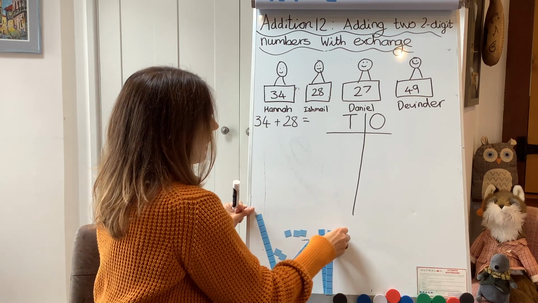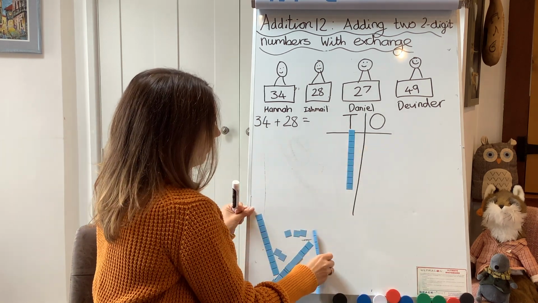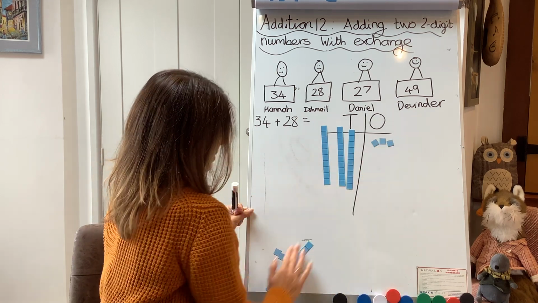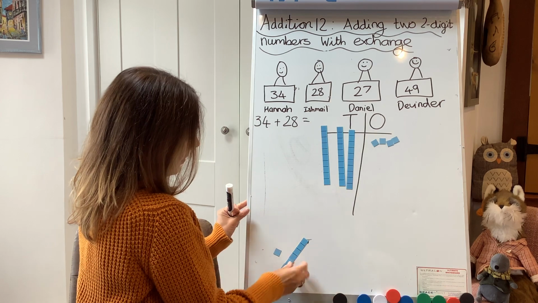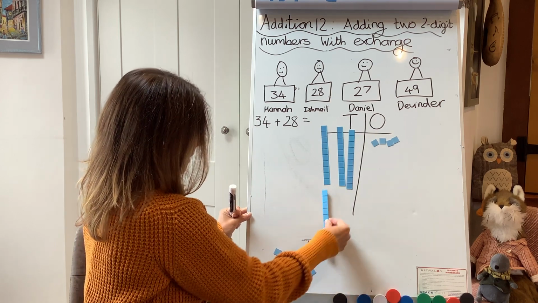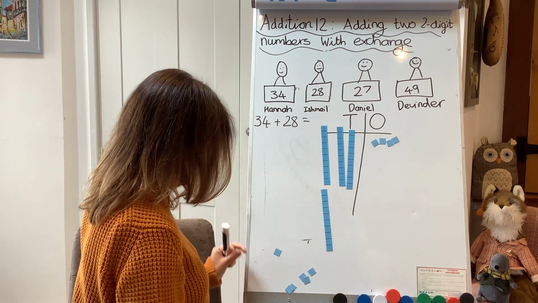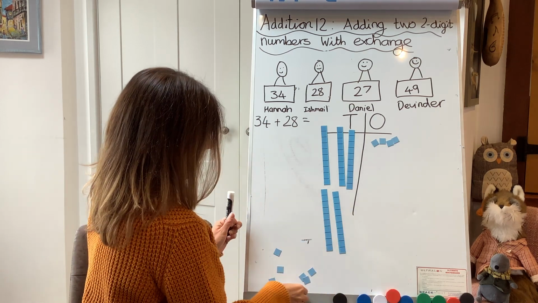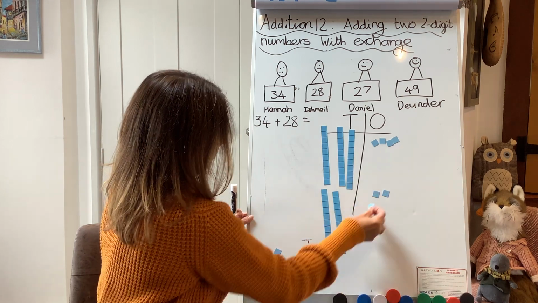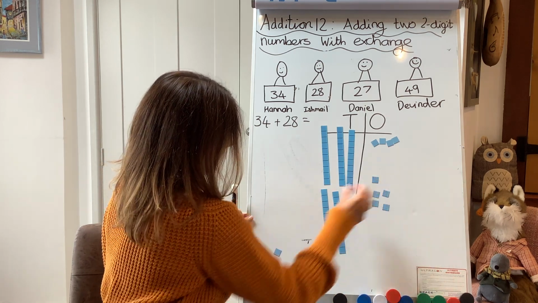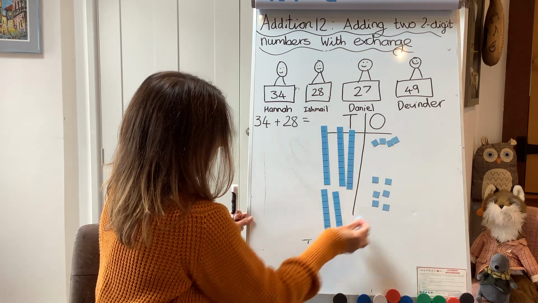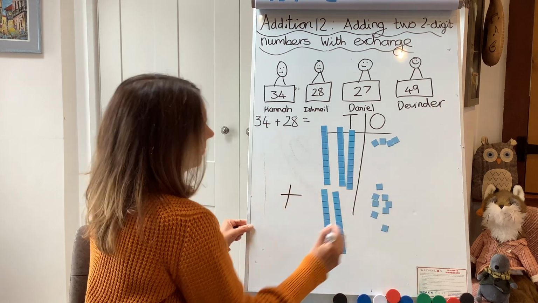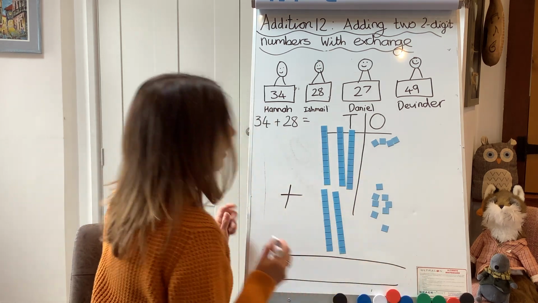So I'm going to make 34 and I'm going to make 28. Going to add those together to see what that will make.